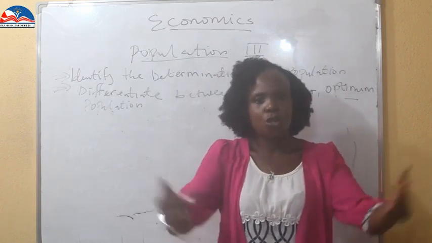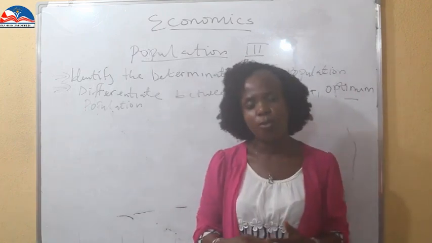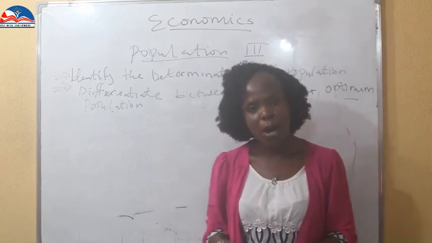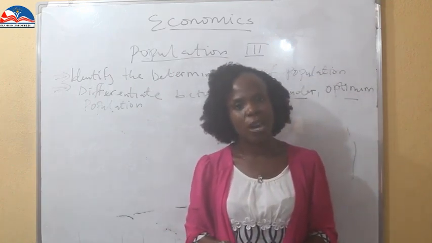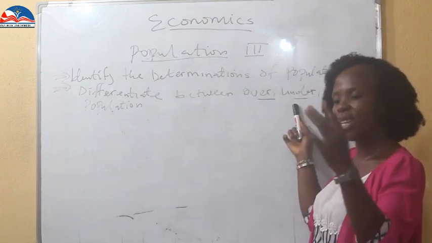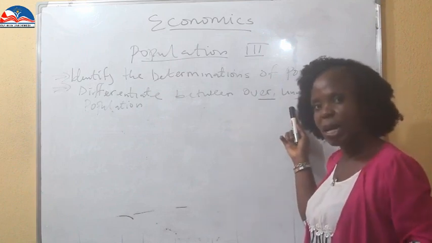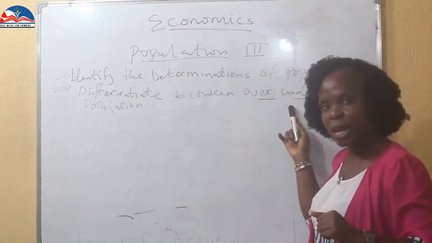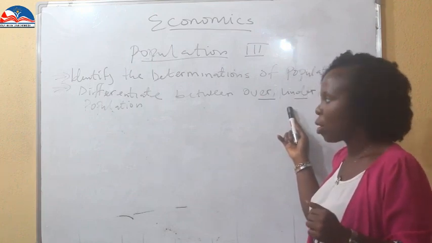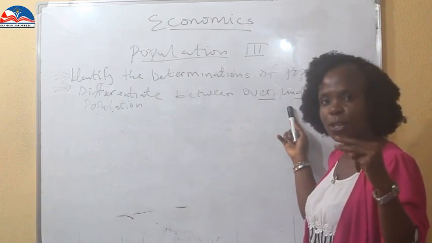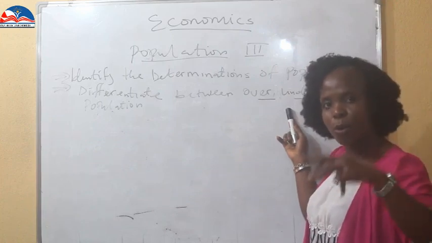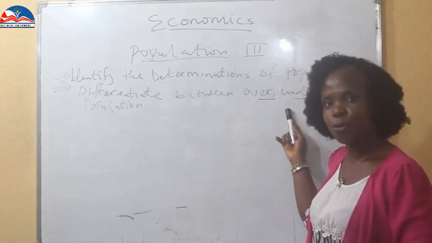The resources available are just too much for those who are available. That is when a country is said to be underpopulated. The resources available are more than enough to take care of those on ground because of high death rate, low migration rate, and the birth rate being lower than the death rate, because at birth these children die more, and those who are born are not commensurate to those who have died off.